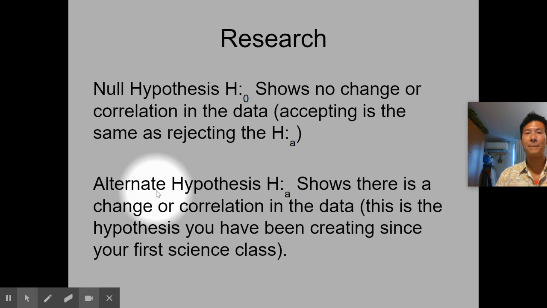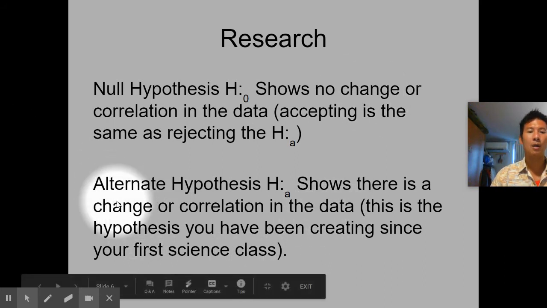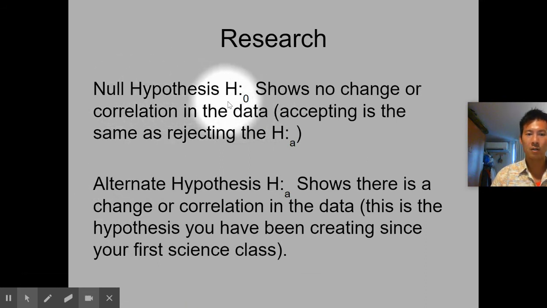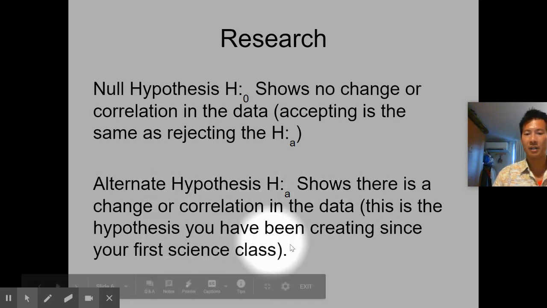Science does not want bias. Now to prevent bias, you write your alternate hypothesis below the null hypothesis. The easiest way to create an alternate and null is to first skip a space for the null, and write your alternate hypothesis first. Basically your alternate hypothesis is the exact same hypothesis that you have been creating since your first day in science class. This is the if, then, and because.